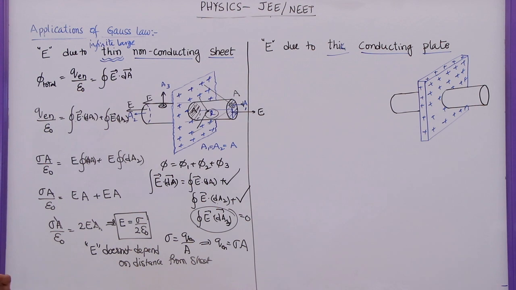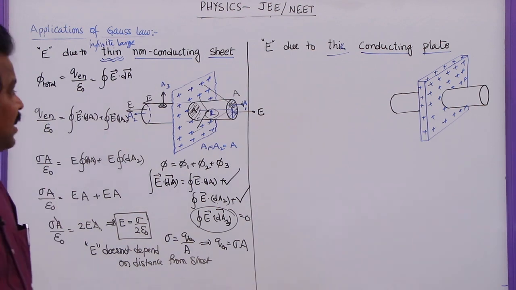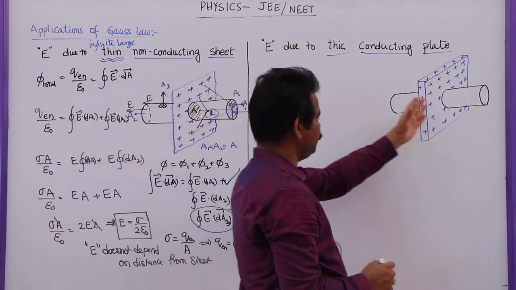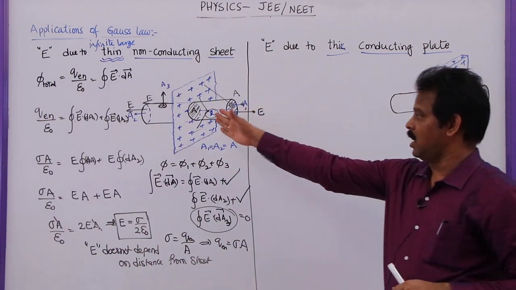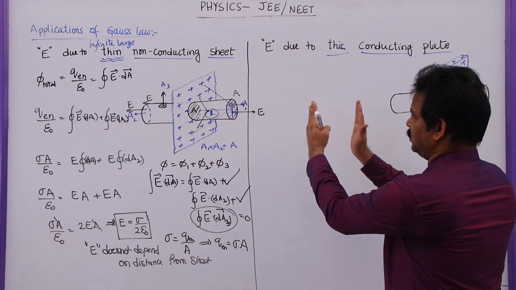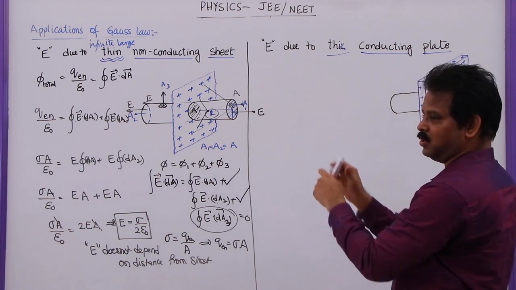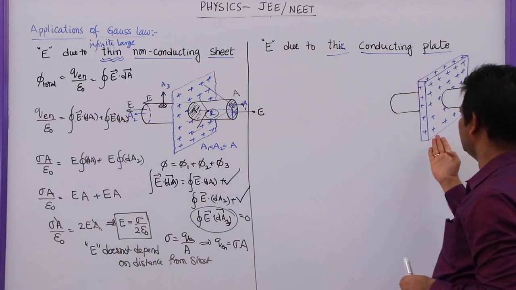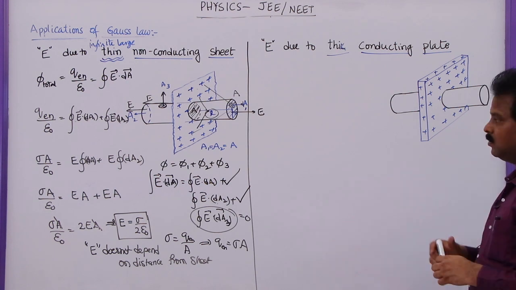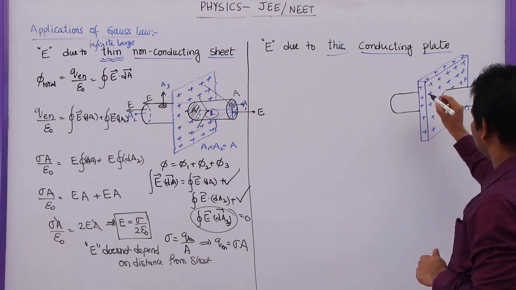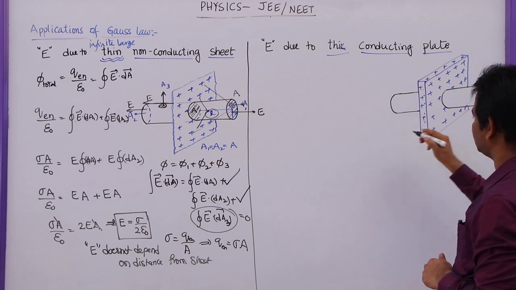Now let me consider the second case, the electric field due to a thick conducting plate. Here, if you observe this one, if you join two thin non-conducting sheets together with a small gap, then you will get this thick plate. But the only difference is you will have charge on this side also.